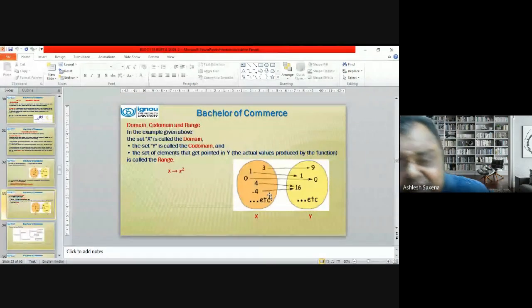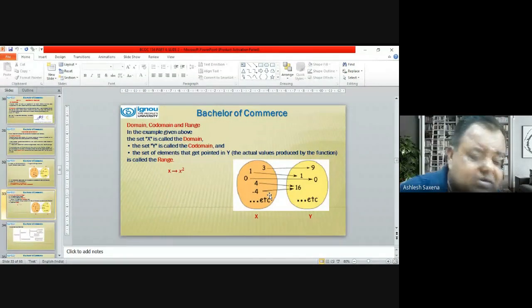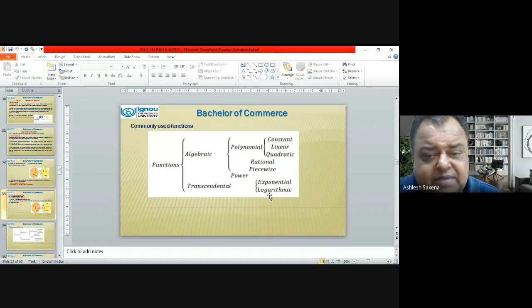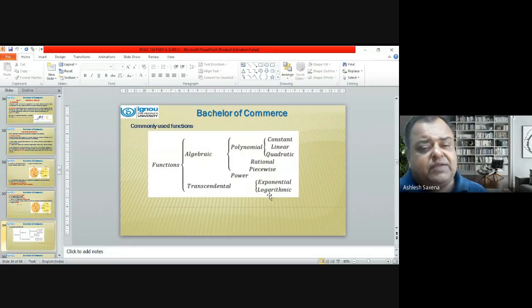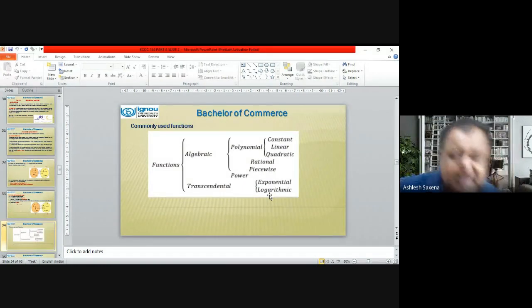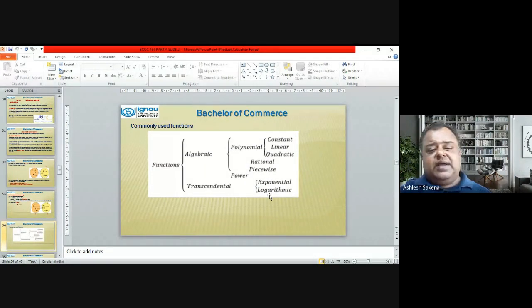That means f(x) is equal to x squared. Now, what are the different commonly used functions? Commonly used functions are basically of two types: algebraic and transcendental. If we talk about algebraic, we have polynomial and power.